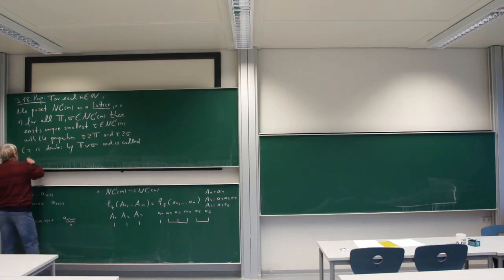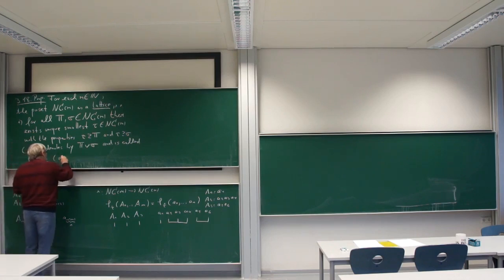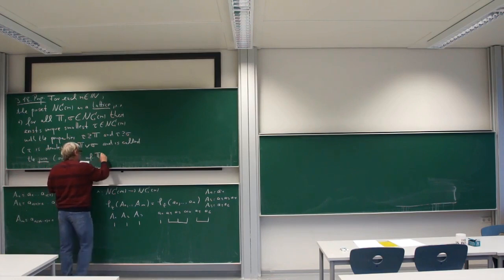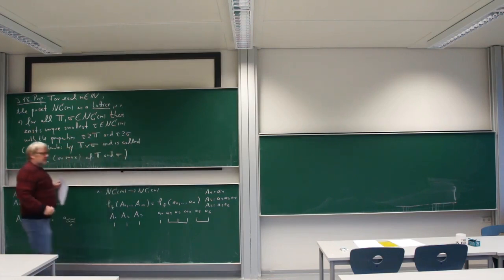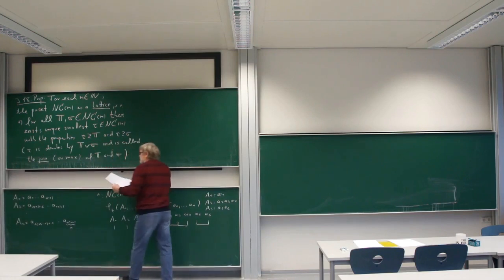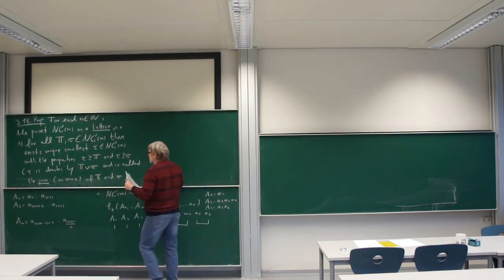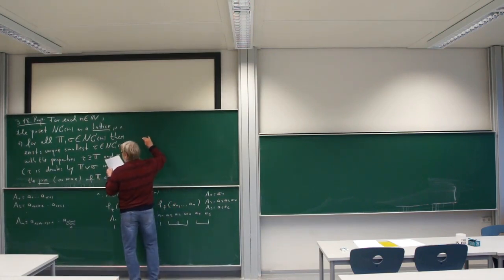But you could also say it's the maximum of pi and sigma. Good. And of course there's a dual object, namely a minimum, which is then called the meet of two guys. Okay, this is the first part.